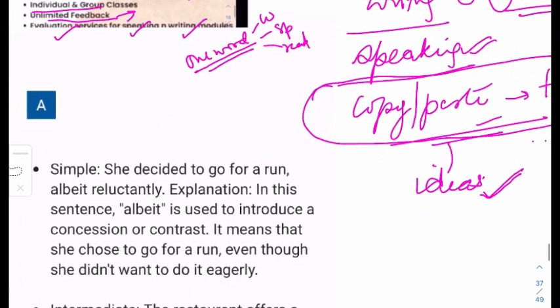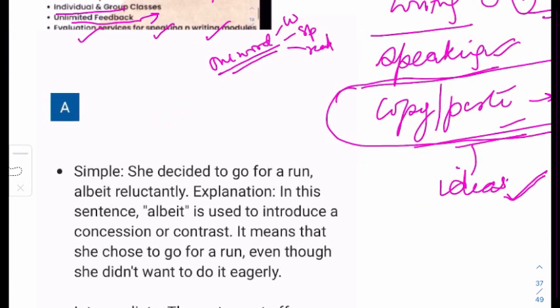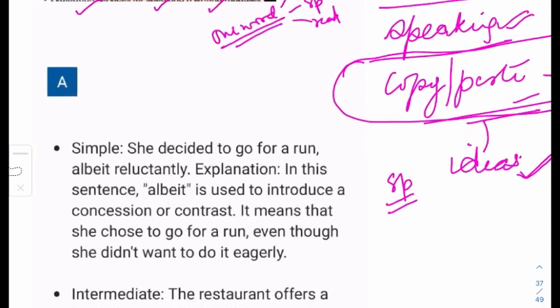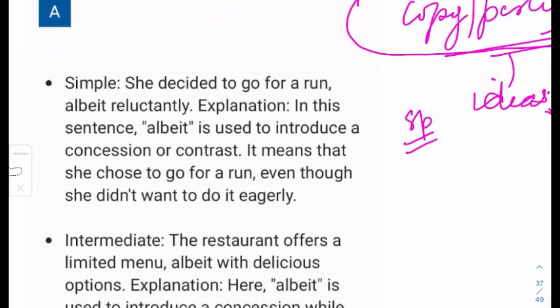Okay, so now let's go from simple to complex. Simple sentences you can use even in your speaking. So I have written here a simple one just to explain: She decided to go for a run, albeit reluctantly.